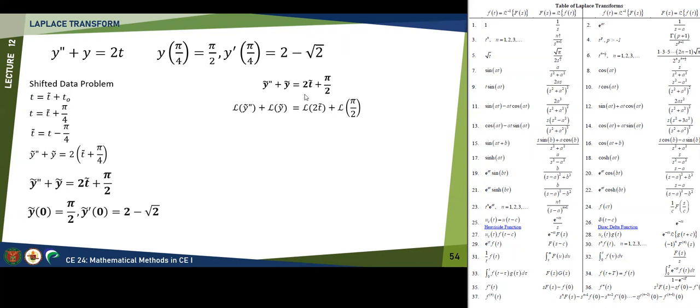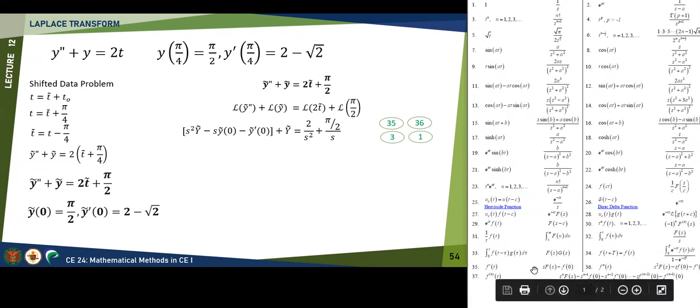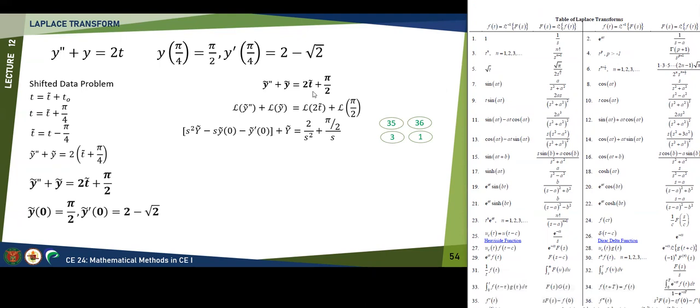We get the subsidiary equation by Laplace transforming the terms. Here, 35 and 36 are theorem 1 and theorem 2 for Laplace transforms of derivatives, then 3 is for the t, and 1 is for the constant.